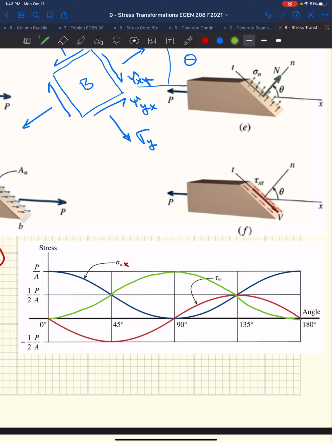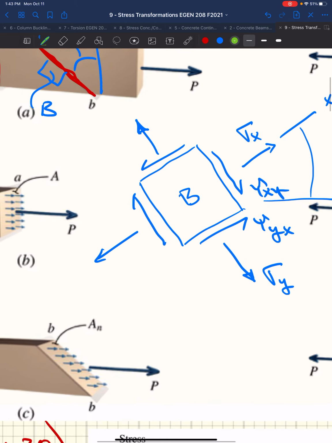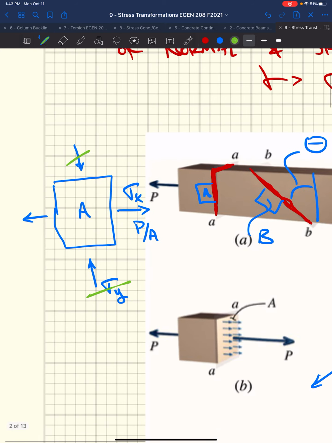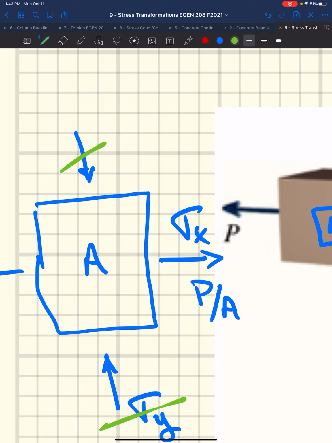So what does that mean? Well, if we orient it at a 45, we essentially have half the stress on each of our faces. So if B was oriented at 45 degrees, if you added up sigma x and sigma y, they would equal the original sigma x, this original normal stress, which makes sense from an equilibrium standpoint.